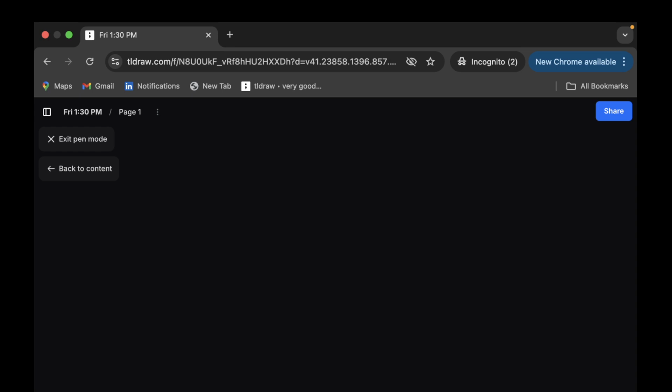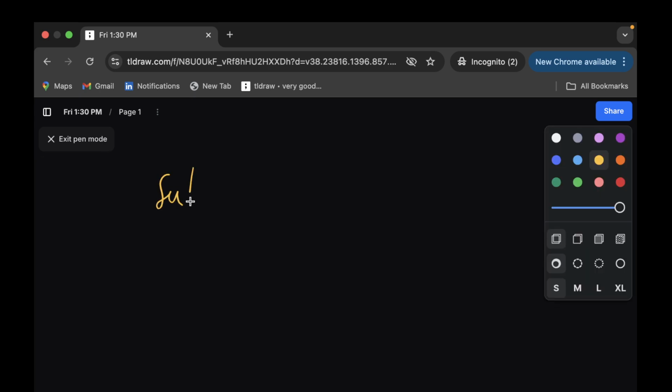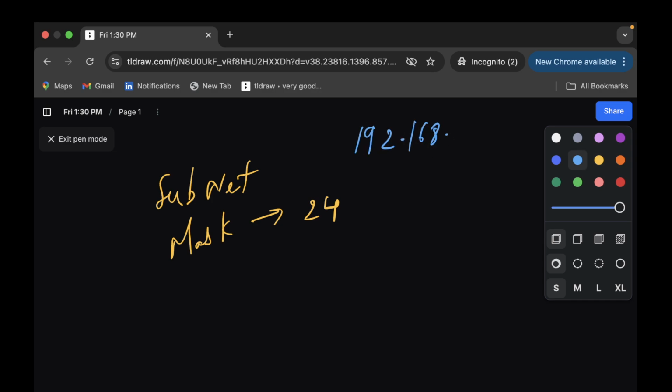Okay, so now I'll define something called a subnet mask. Suppose my subnet mask is 24, and the IP address that I have is 192.168.10.25.